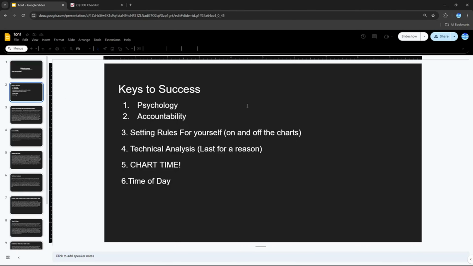But my main thing is psychology, because if you're able to hold on to the trades that you're confident in, it's gonna bring you more profit, but it's gonna get to a point where it's gonna consistently raise your RR. And you can have a 20% win rate with a 5 RR.